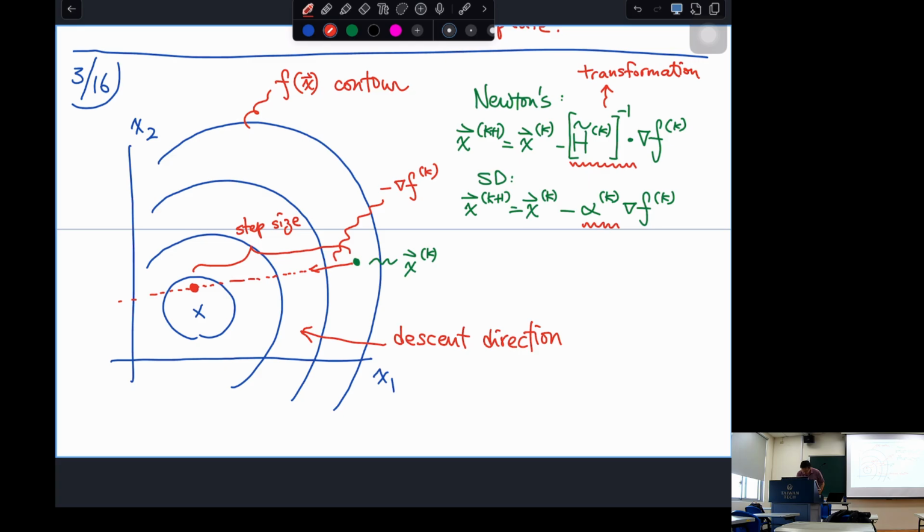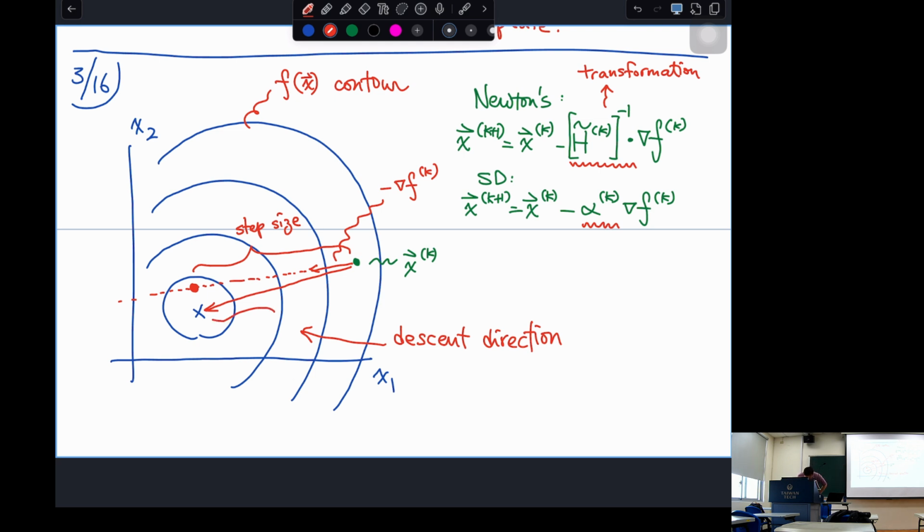So Hessian inverse actually helps you to make the proper turn on the direction and also tells you what's the proper step size.